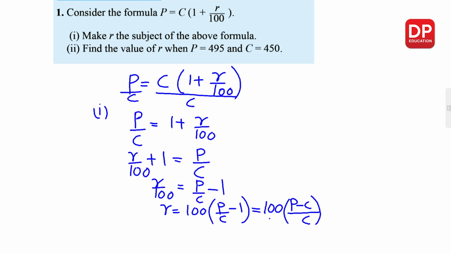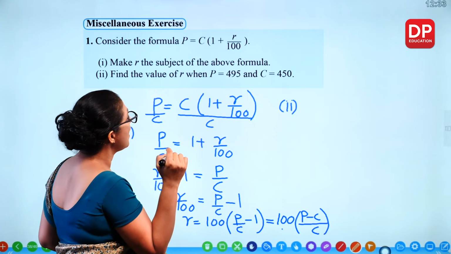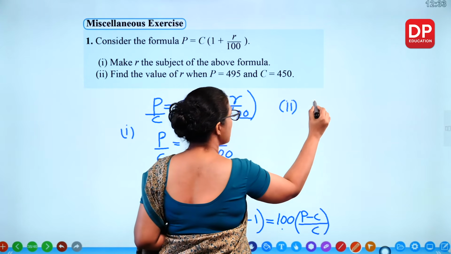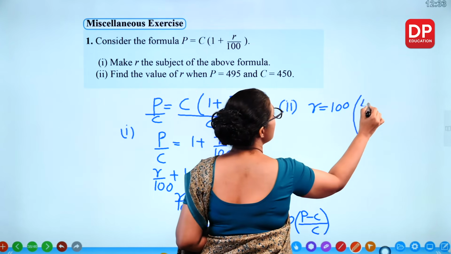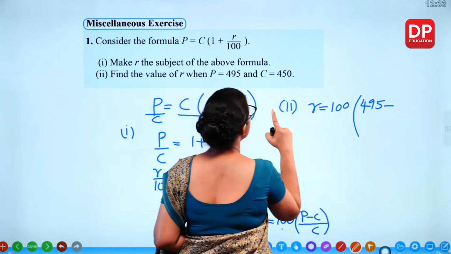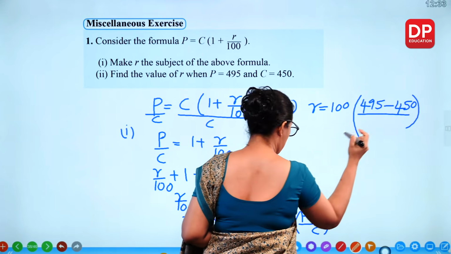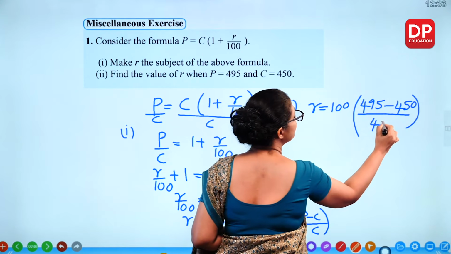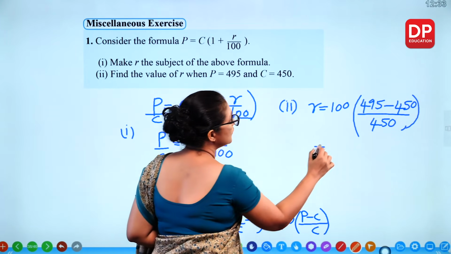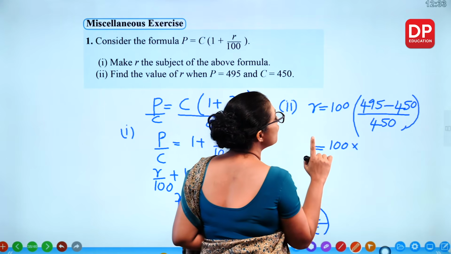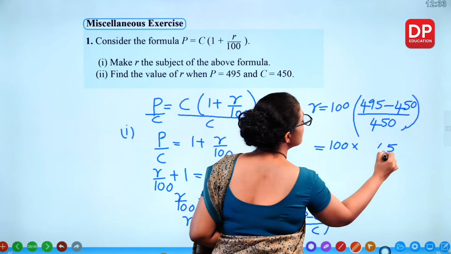Now second part, it says find the value of r when p equals 495 and c is 450. So what's the r value? 100 times, p means 495 minus c means 450, over c value 450. 495 minus 450, you get 45.